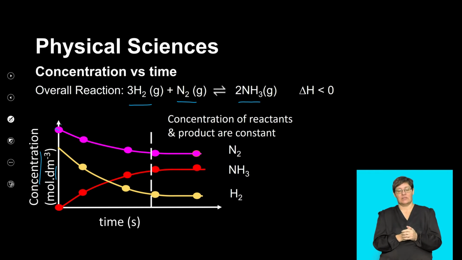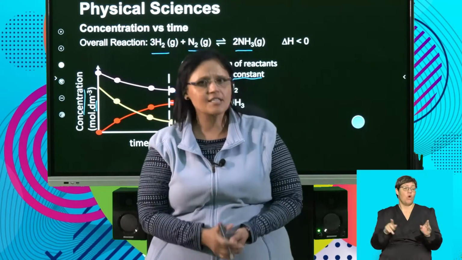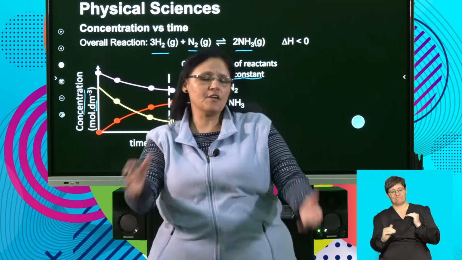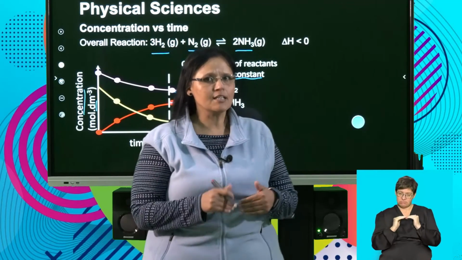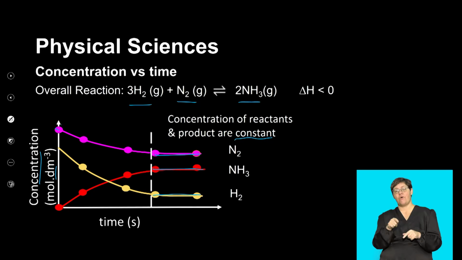The concentration of the reactants and the products at this point from the white line onward, these concentrations are constant. Remember, I said to you last time, we don't say the concentrations are the same because it's not necessarily the same. It's actually never really the same, but the concentration remains constant at that state of chemical equilibrium.